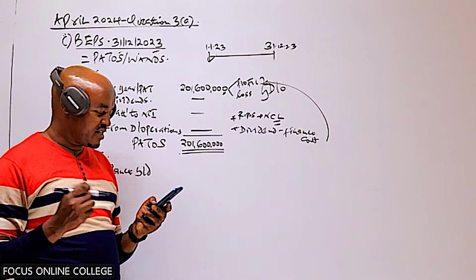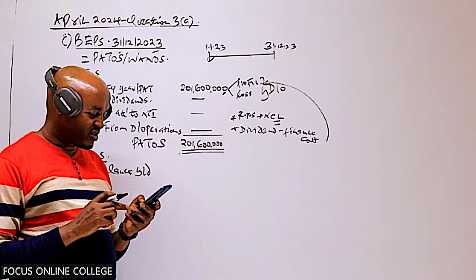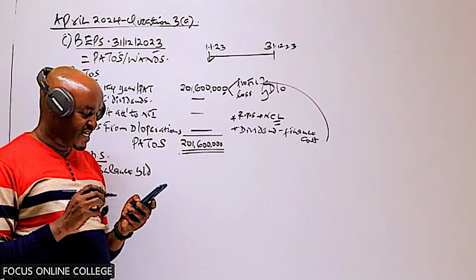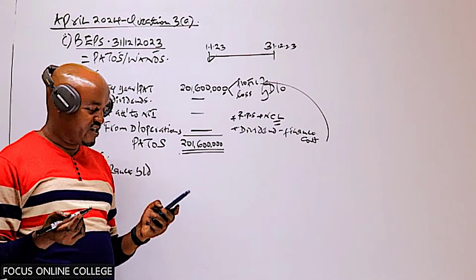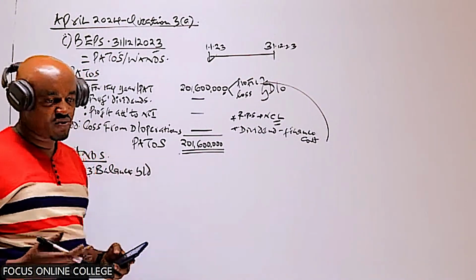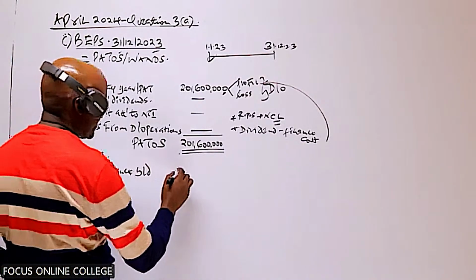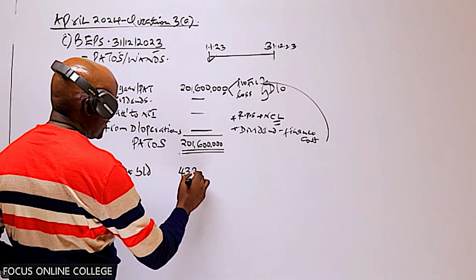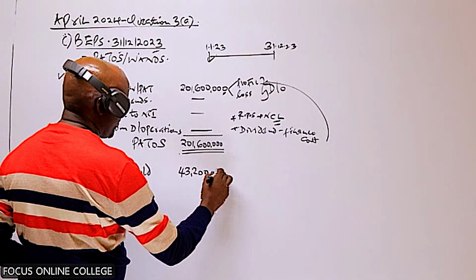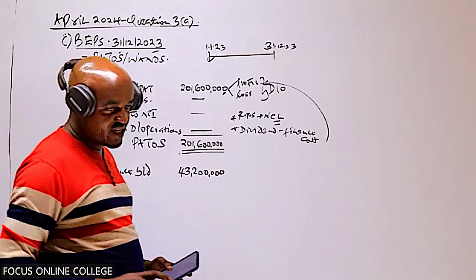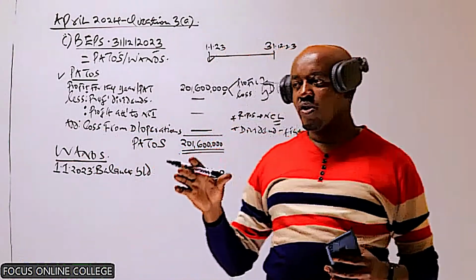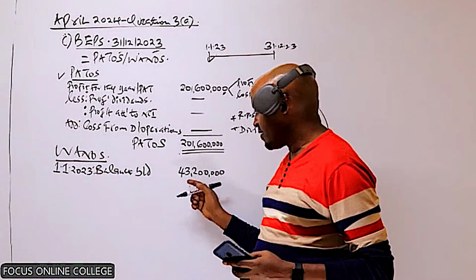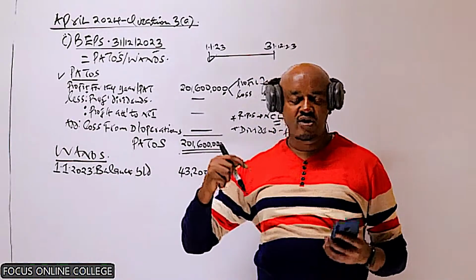Within paragraph 1, sentence 1, we are told on 1st January 2023, HC Limited had in issue 43.2 million ordinary shares of HL. These are the shares which had been issued by the company at the start of the year, 43.2 million. And it's very important for you to check whatever you're given here, whether this is the share capital or the number of shares. If you check 43.2, these are ordinary shares.